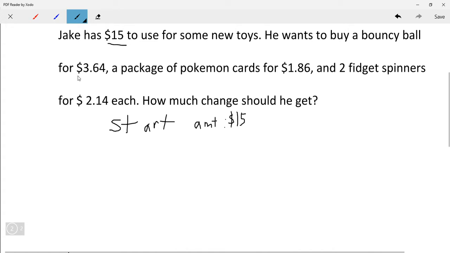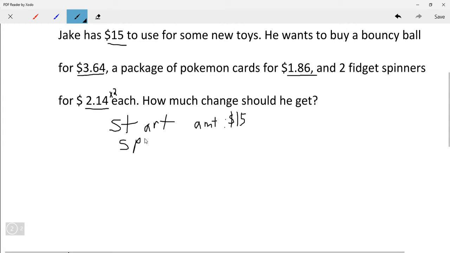So that would be $3.64 for the bouncy ball, $1.86 for Pokemon cards, and 2 fidget spinners for $2.14 each. So $2.14 times 2, right? Or $2.14 plus $2.14. So what we need to do is add up all of the money that he spent.